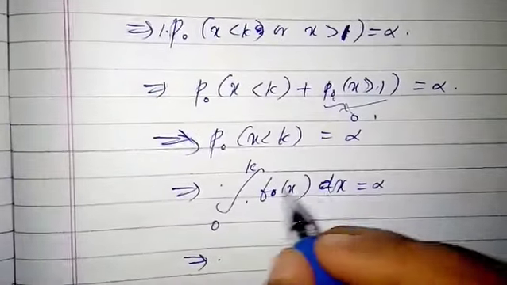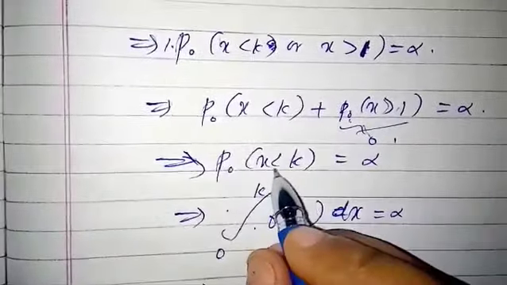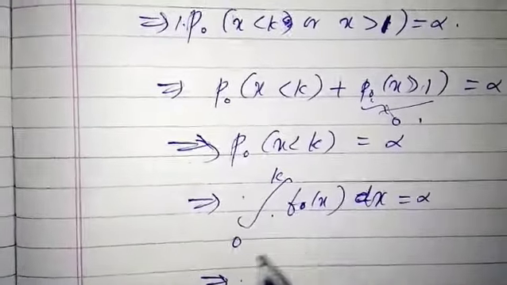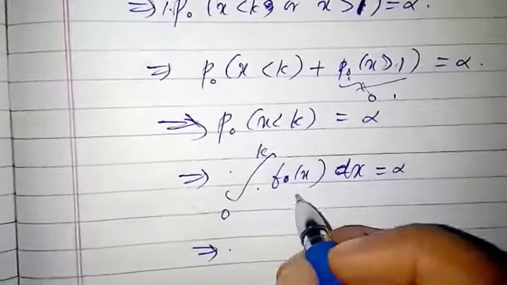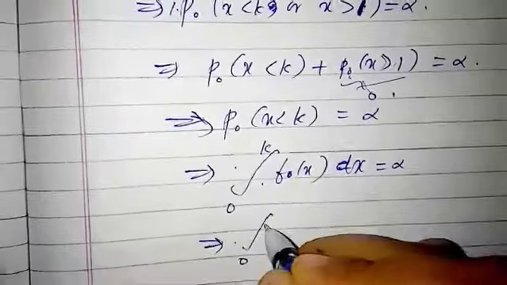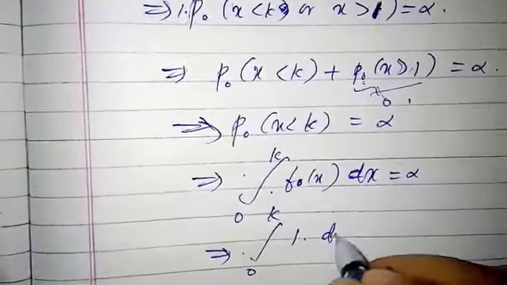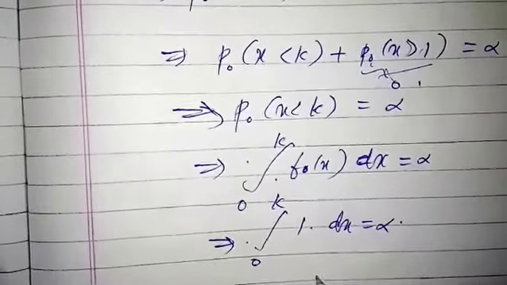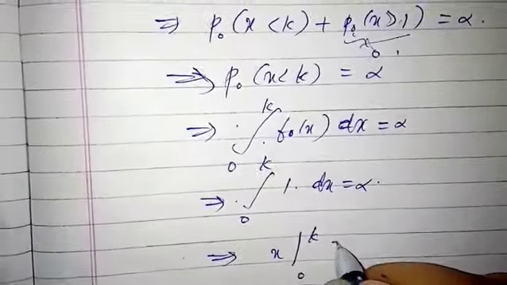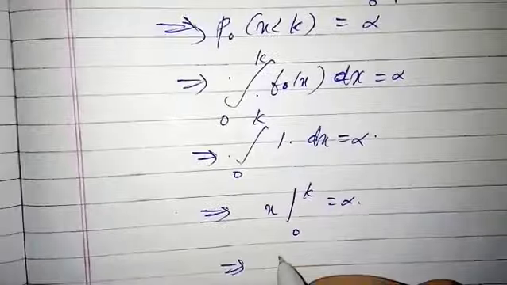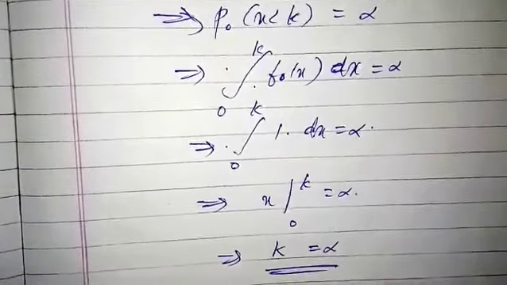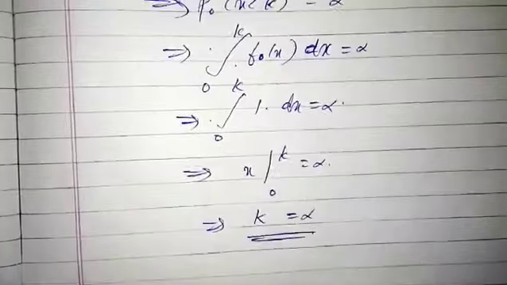When x is less than k, f naught of x is 1, so the integral from 0 to k of 1 dx equals alpha. That is, x from 0 to k equals alpha, which implies k equals alpha. This is the size of the test.